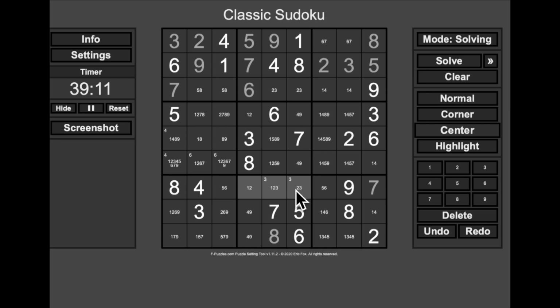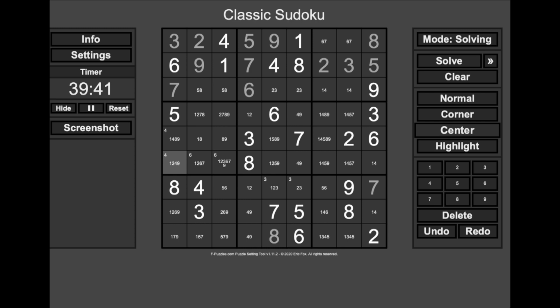All right, what else can I do here? 4, 6, 7, 8, 9 tells me these are 1, 2, 3, 5 in some order. Let's see. I gotta be able to take out some of these cells, right? Not 8. Definitely not 5. Or 6 or 7.